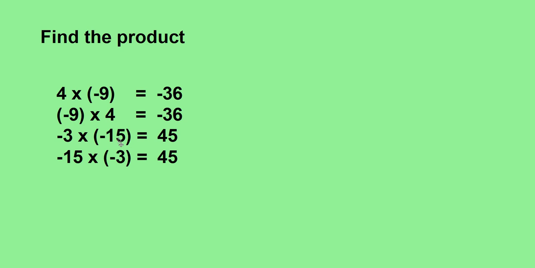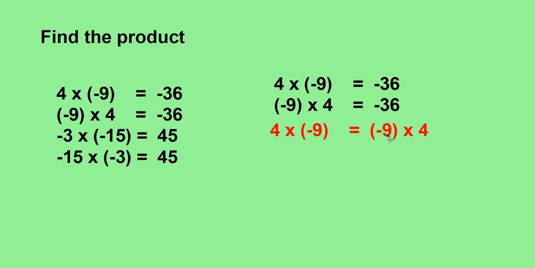Negative 3 into negative 15, that is 45. Negative 15 into negative 3, again the answer is 45. Taking the first two, 4 into negative 9 you are getting negative 36, negative 9 into 4 also you are getting negative 36. That means 4 into negative 9 is equal to negative 9 into 4.